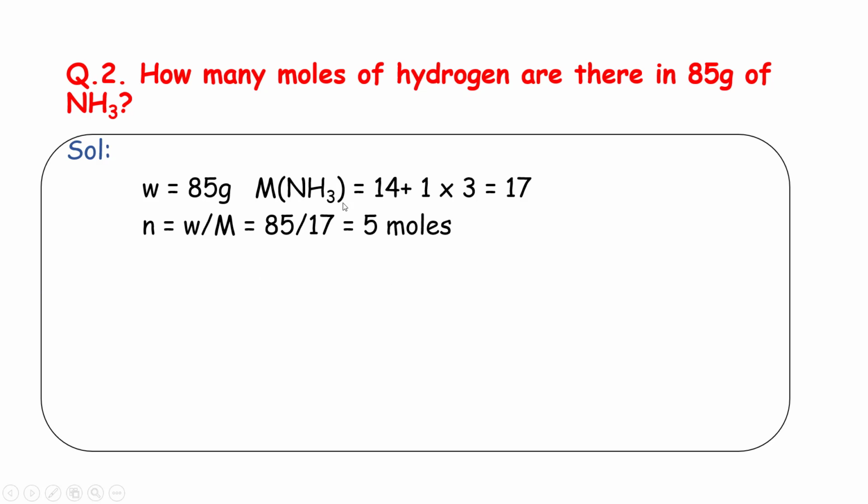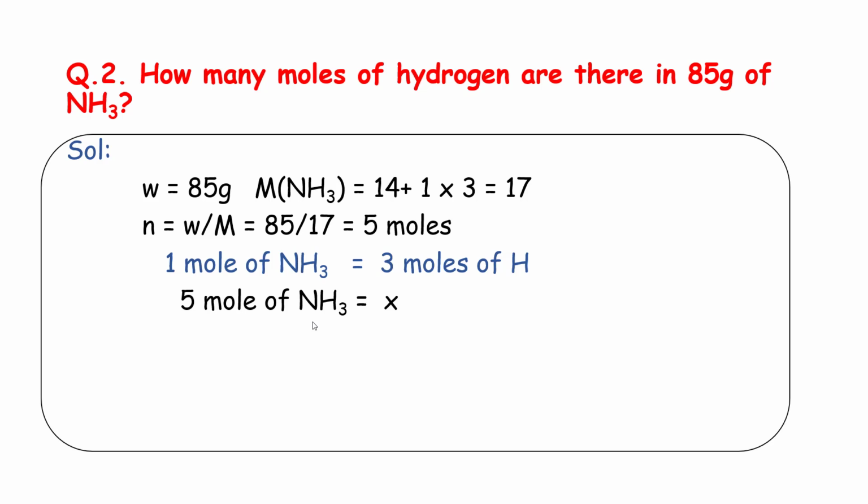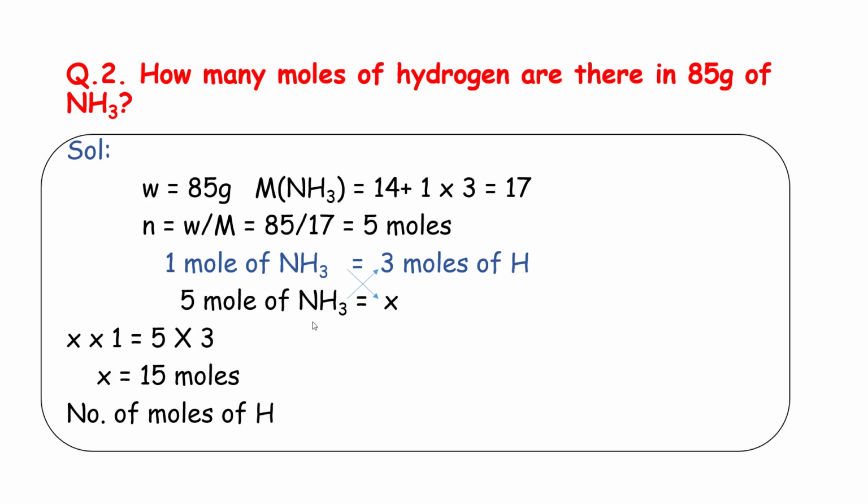So how many moles of ammonia is here? It is 5 moles. Now 1 mole of ammonia will consist of 3 moles of hydrogen. So we need to see the 3 part of hydrogen, H3 is there. So 5 moles of ammonia will have X. Again cross multiplying, X into 1 equals 5 into 3. So it comes as 15 moles. Hence we can say that the number of moles of hydrogen in 85 gram of NH3 is 15 moles, right?